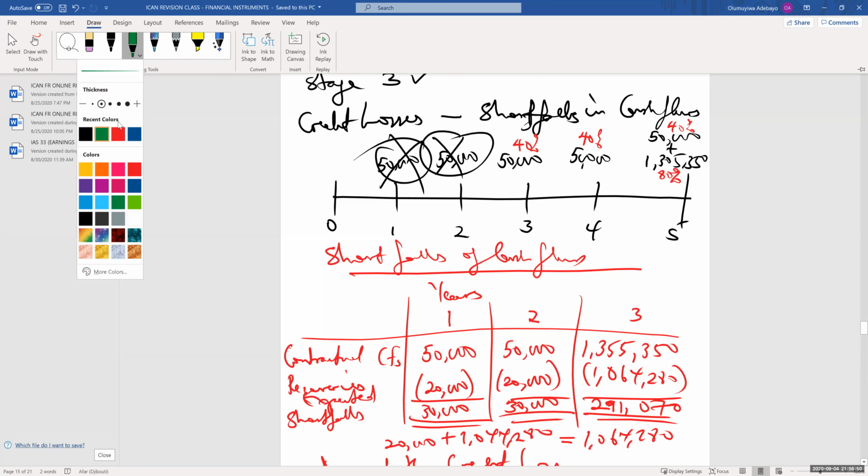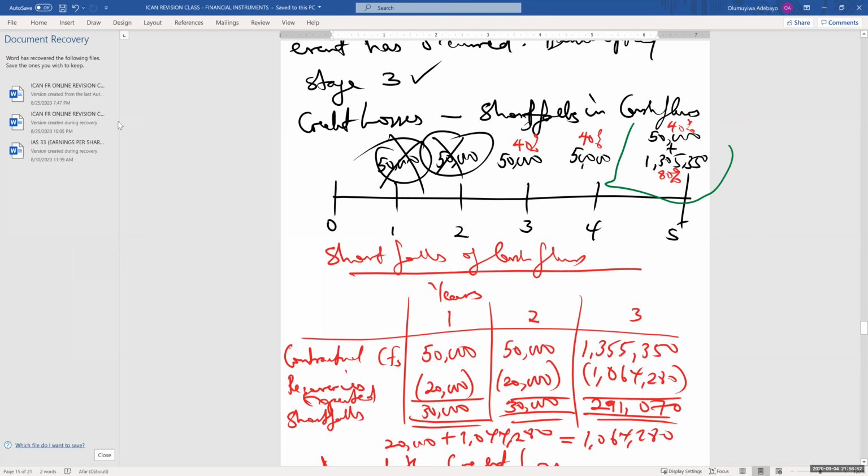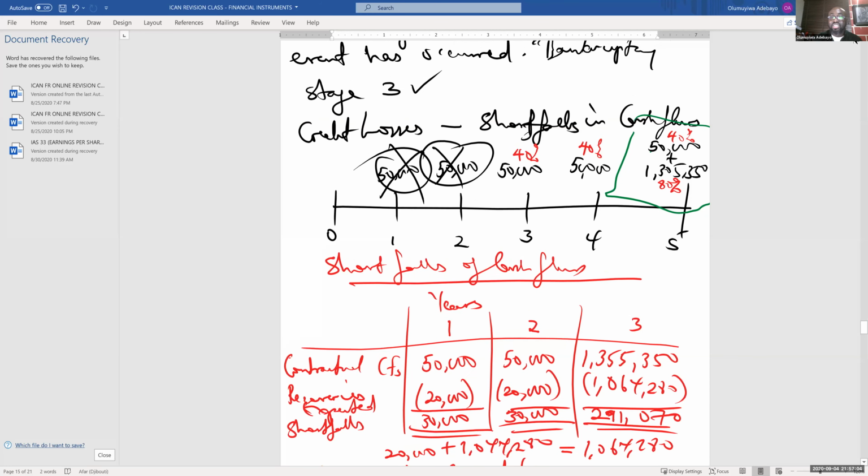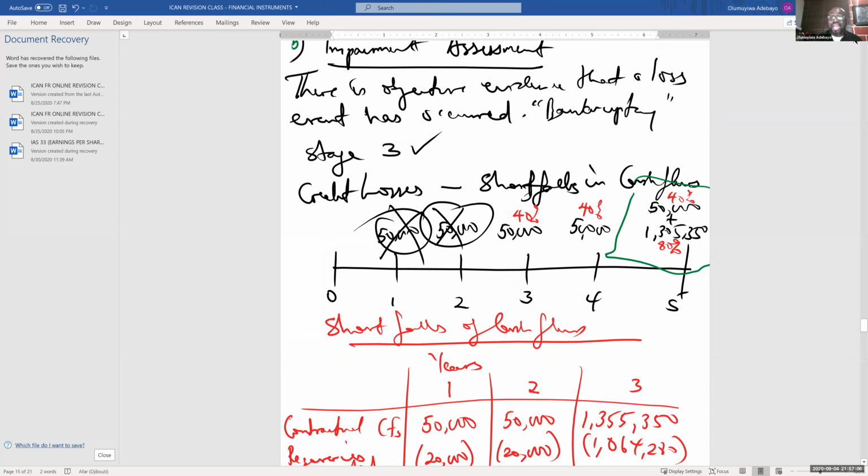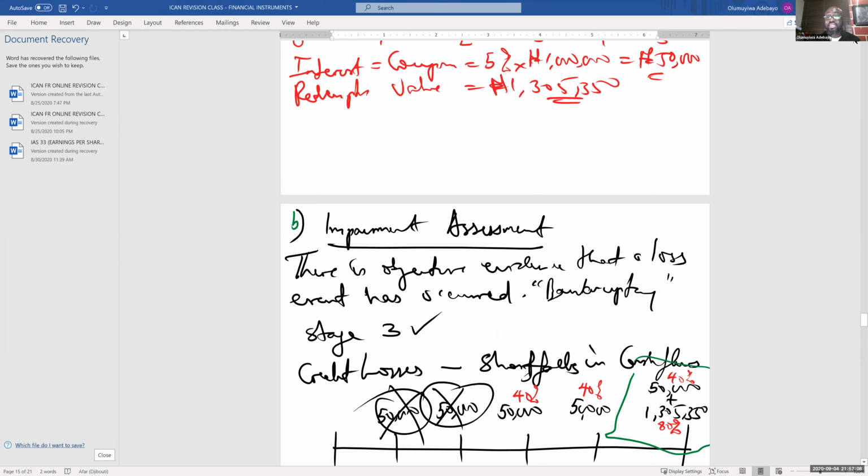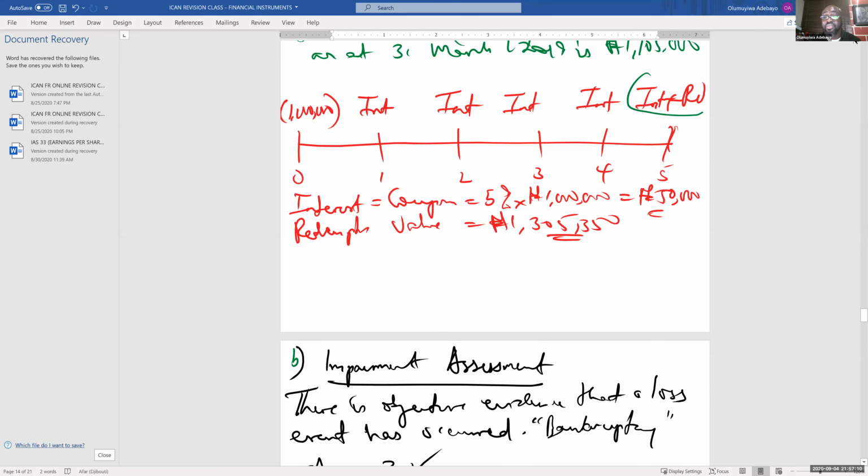This 50 plus 1,305 is that amount. That's why I've shown you at the start, on my timeline, what will you get at the end of year 5? Interest plus the redemption value. Okay, thank you, sir.